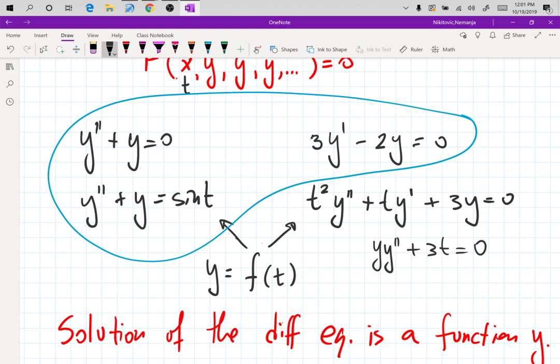Here is another one. Maybe you have y prime, everything squared, plus 3t equals 0. Easy to solve, nonlinear. Let's go with the minus 3t on that one to make it into the real domain.